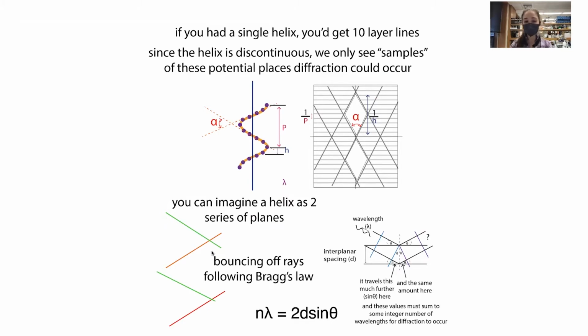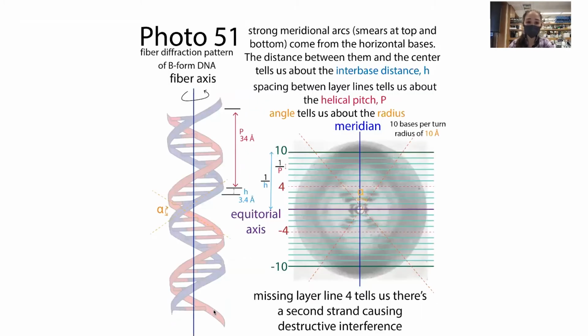So it's like we have two of these. We'd have another line right below this and another line right below this. And this is what tells you that you have the second strand, and you have this strand at an offset.